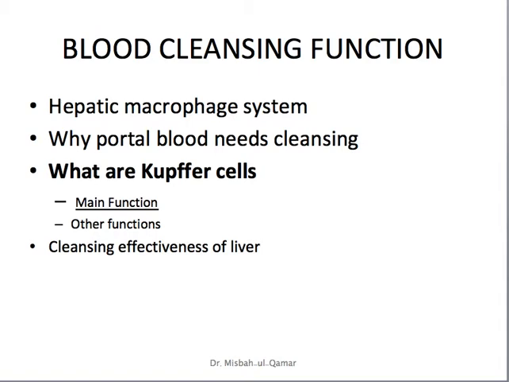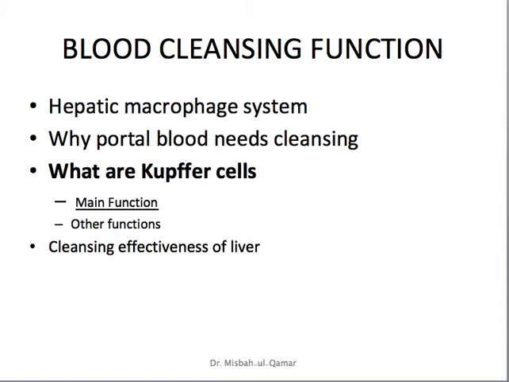The hepatic macrophage system consists of Kupffer cells. What are these Kupffer cells? These are large phagocytic macrophages that line the hepatic venous sinuses. Their main function is to cleanse blood of bacteria and endotoxins from portal circulation as it passes through the sinuses.